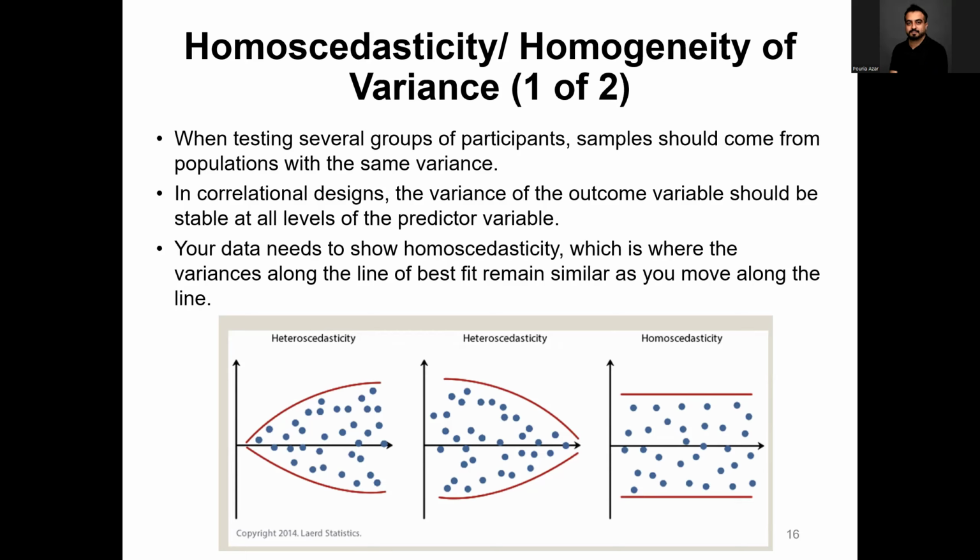For example, if I want to compare adults to children, there should be a violation in homogeneity of variance because I have two different groups coming from two different populations, and the variance in these two populations are not going to be the same.